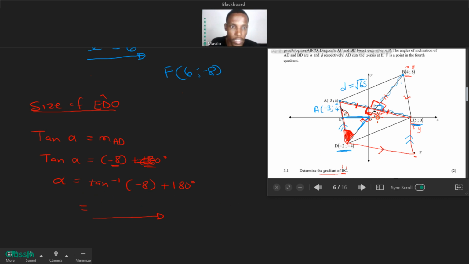Now we can also find this one. Then I think somehow we found that if this one is 8, then we can find the gradient of this.